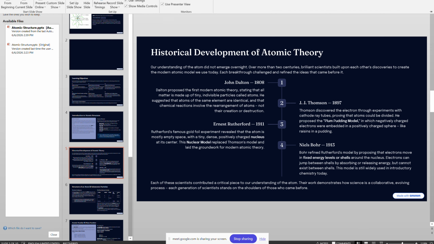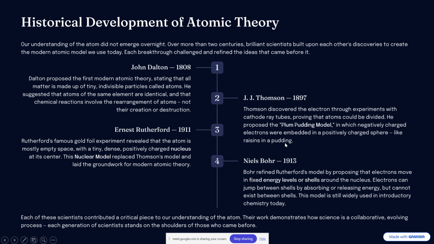So let's move quickly. I've mentioned J.J. Thomson here. We've talked about the discovery of the electron. The credit is given to J.J. Thomson, while the structure of the atom and the discovery of the proton, the credit is given to Ernest Rutherford.